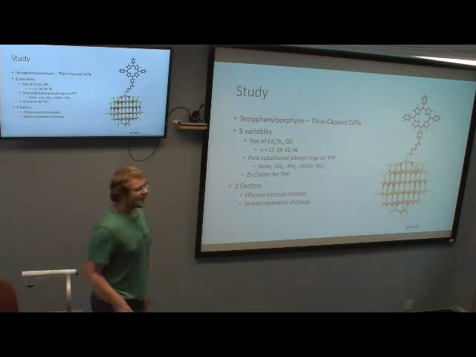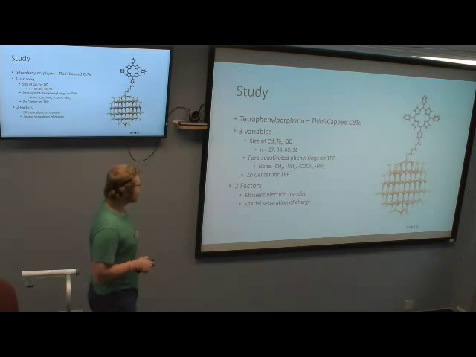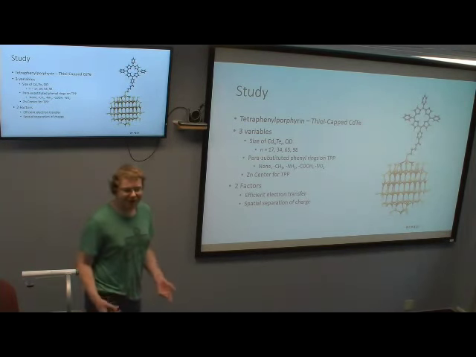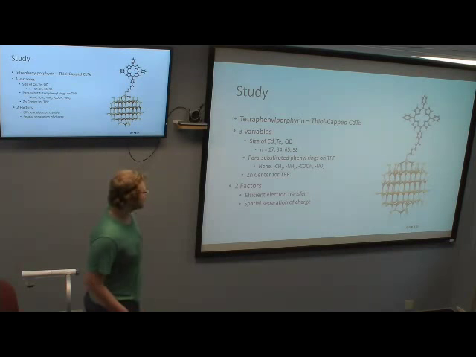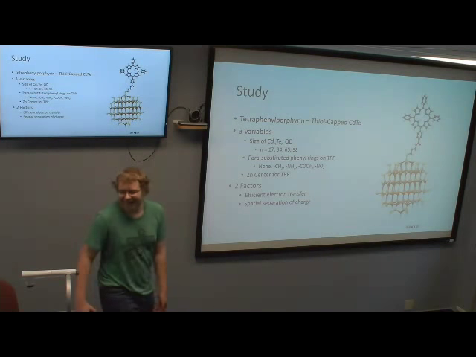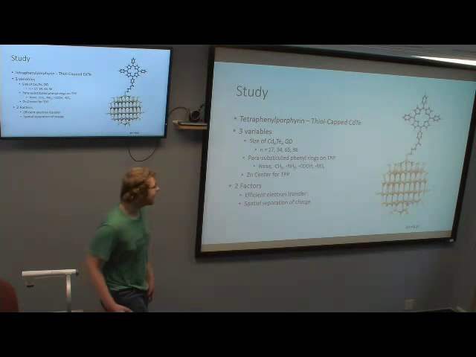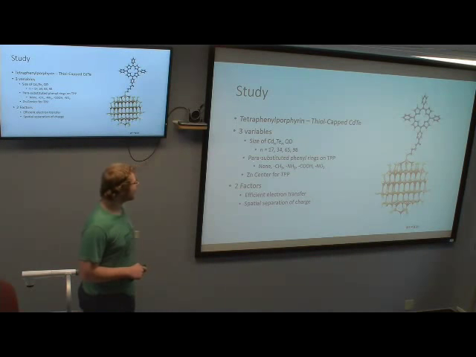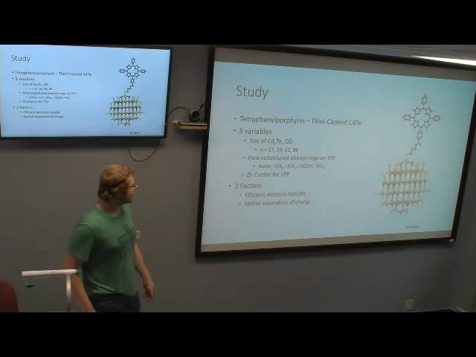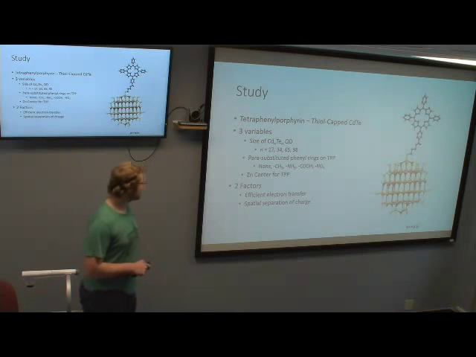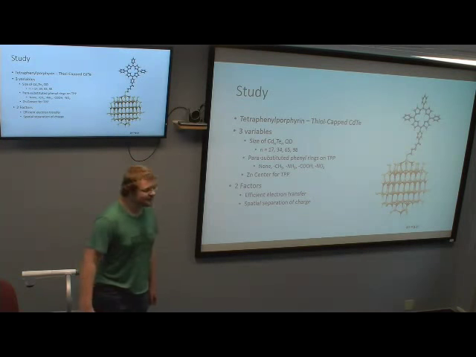However, I found it interesting that they never brought up the 34 size quantum dots again. They also tried para-substituting the phenyl rings on the TPP with nothing, CH3, NH2, COOH, and NO2.